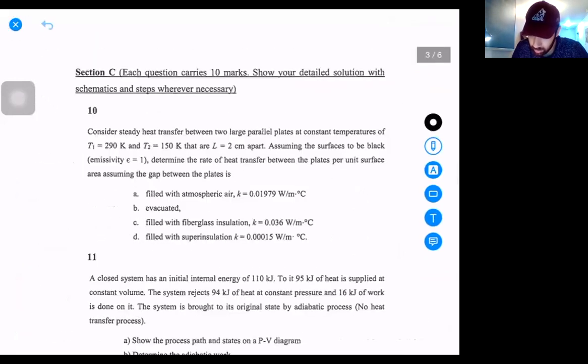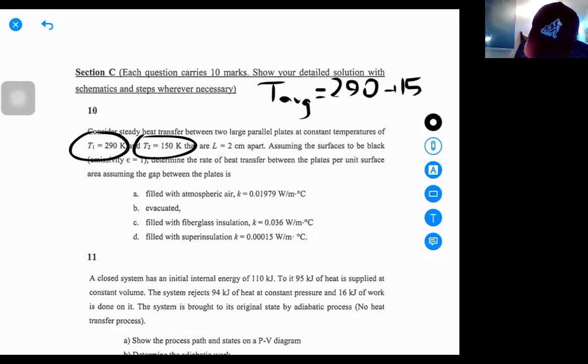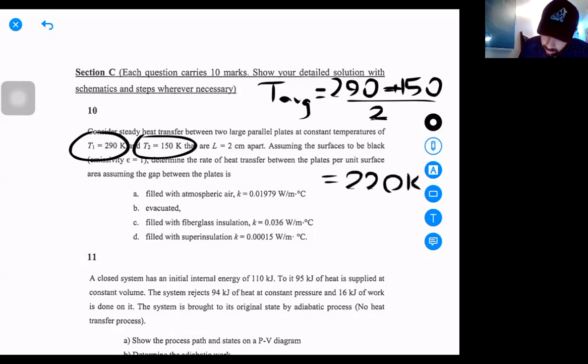We have the temperature at the first layer as 290 kelvins, the second is 150. So T average can be found as 290 plus 150 over 2, which is equal to 220 kelvins.